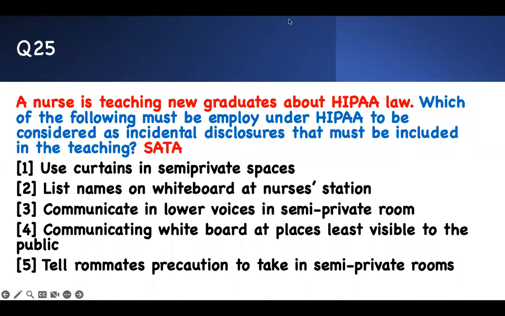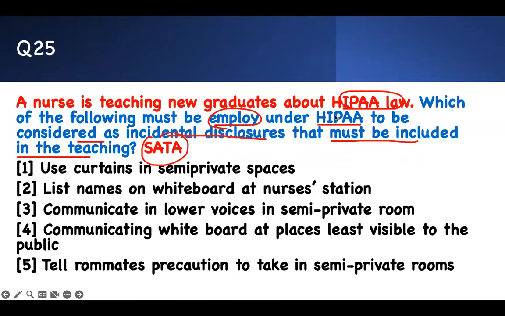And the last one. Select or apply. A nurse is teaching a new graduate about HIPAA law. Which of the following must be employed under HIPAA to be considered an incidental disclosure that must be included in the teaching? A bunch of words. When you see this, they're trying to trap you. Step back, look at it.